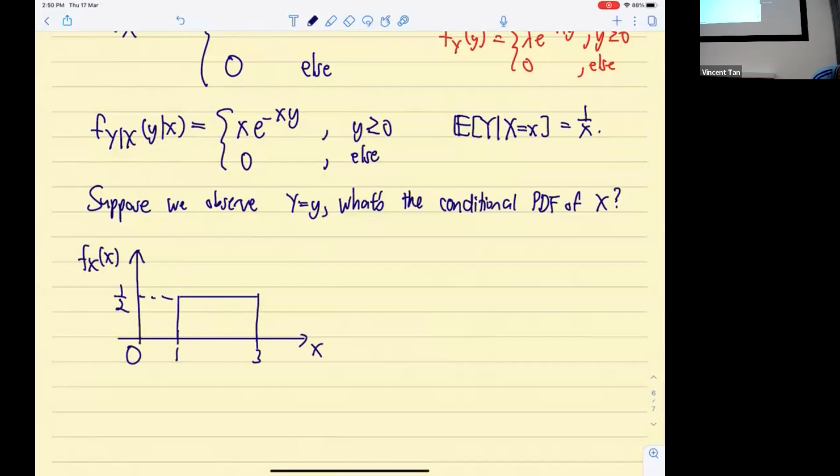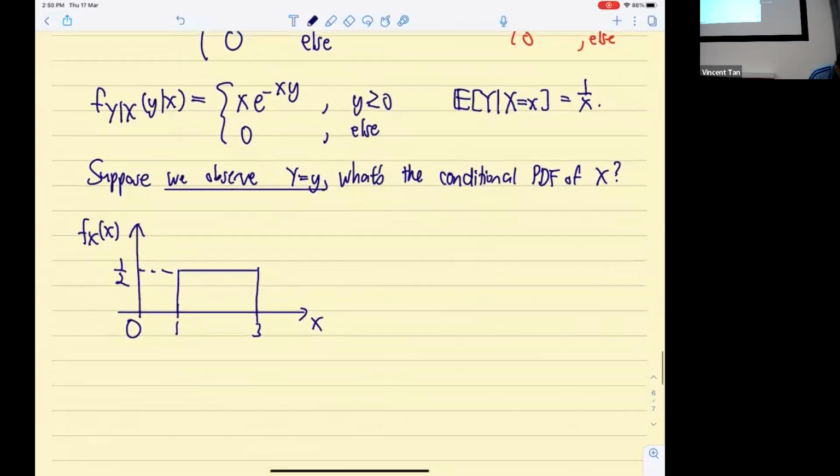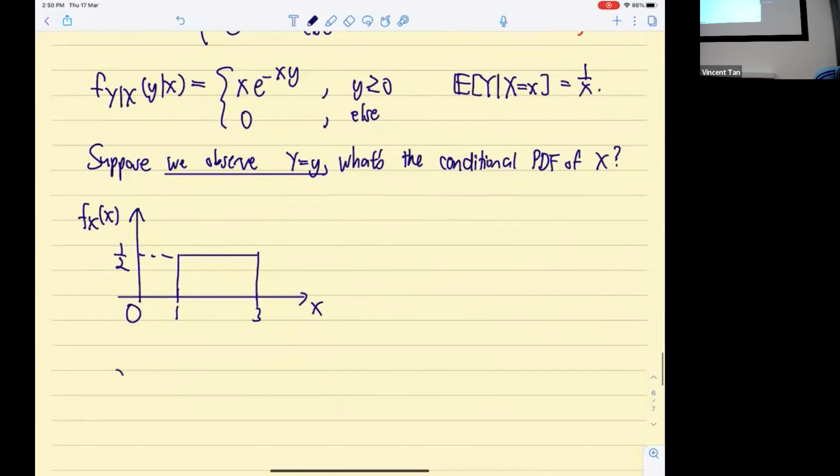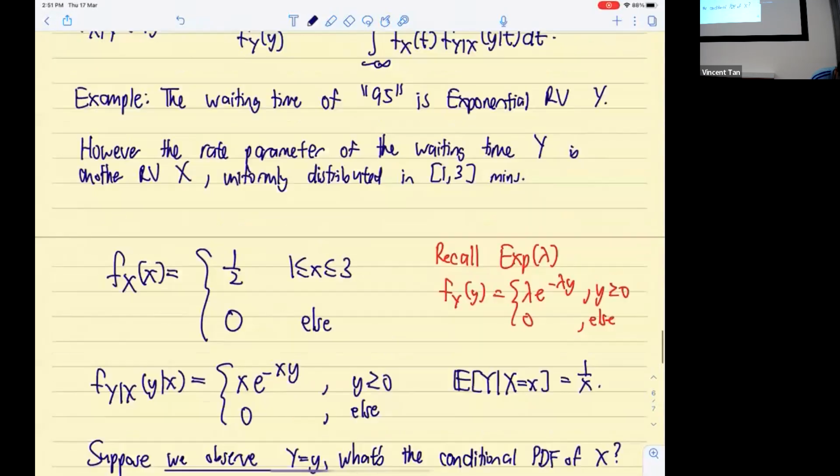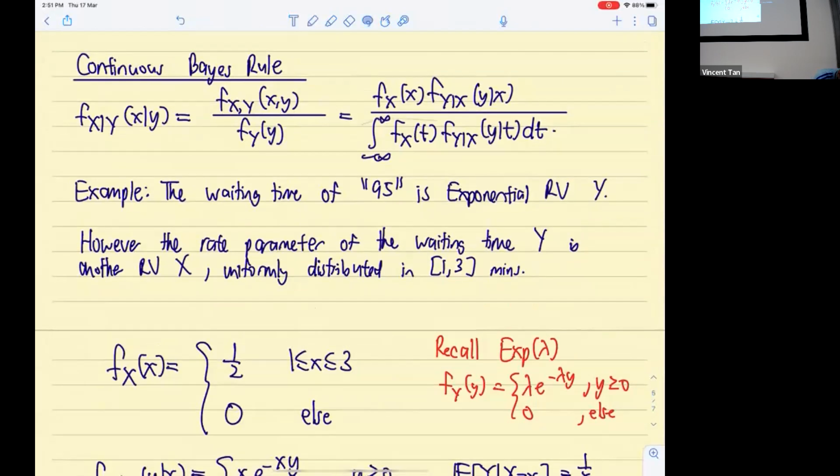But now we observe y equals y. What changes? All right, so we can just apply the continuous Bayes rule. f of x given y is equal to f of y given x times f of x, divided by the normalization constant, which is just the bottom part here. I'll just be lazy and copy.